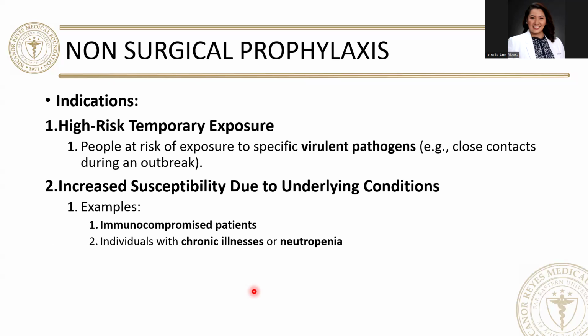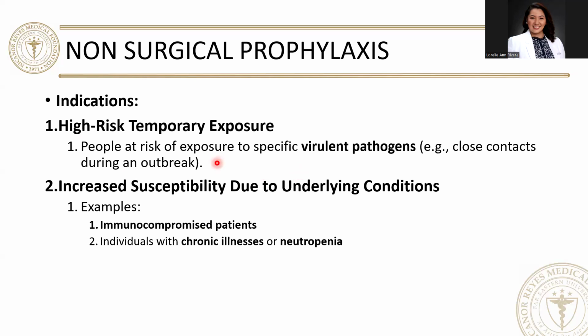High-risk temporary exposures are people at risk of exposure to specific virulent pathogens, especially during an outbreak. Remember during the COVID times, when the vaccine came out, the priority or high-risk individuals were the medical professionals, elderly, patients with diabetes, cancer patients, immunocompromised patients. Those are high-risk individuals, so they were given the vaccines right away.